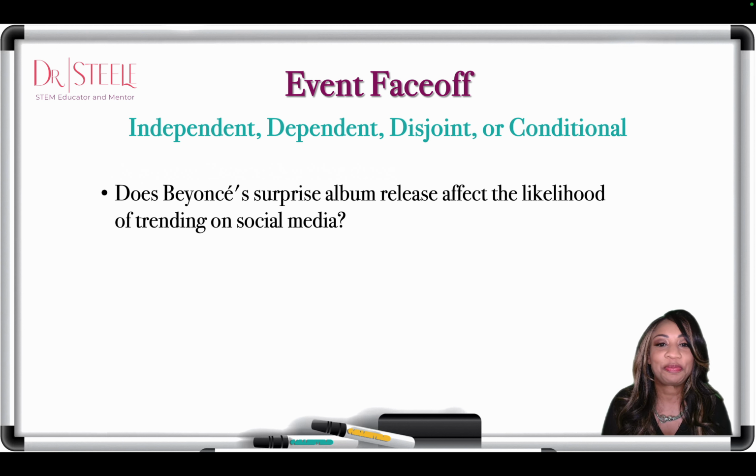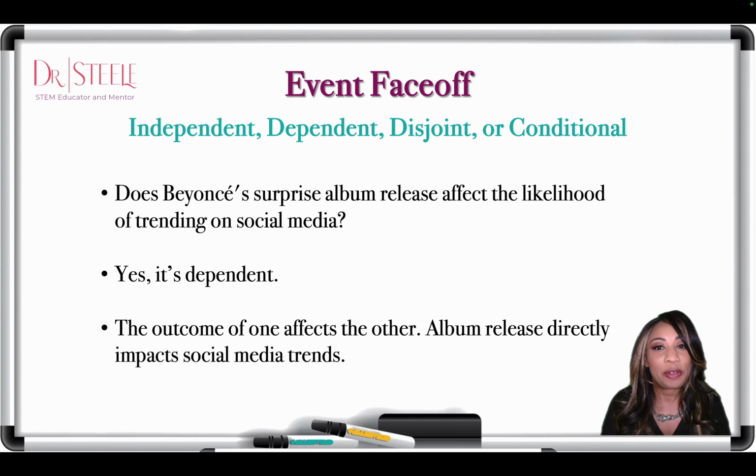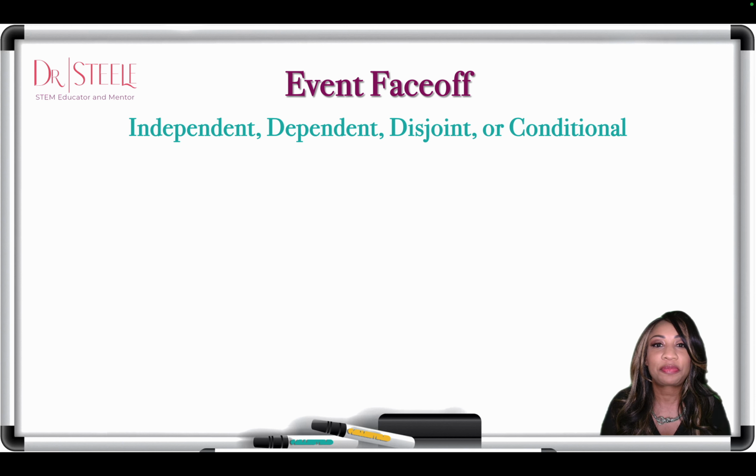All right, what do you think? It's dependent. Now, it's dependent because the outcome of one affects the other. So she releases the album, and that's going to basically make her trend on social media, or have an impact, I should say, on social media.